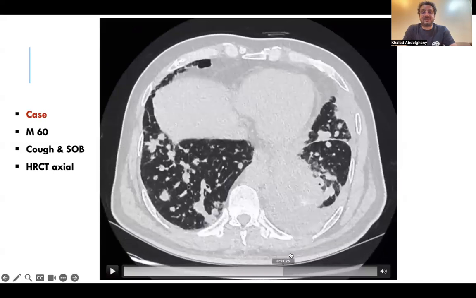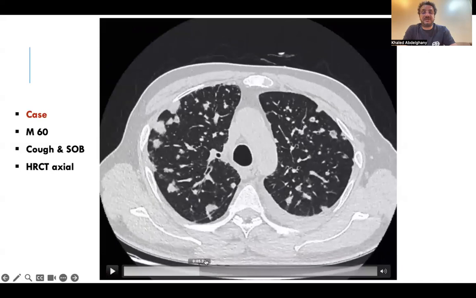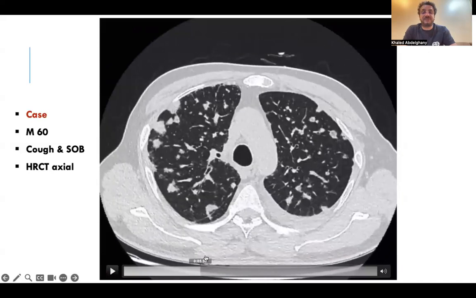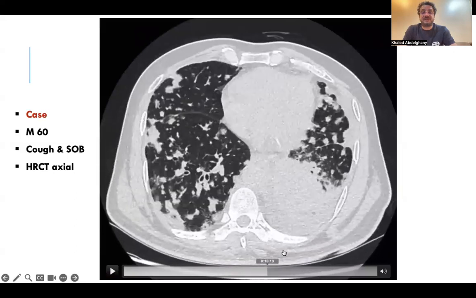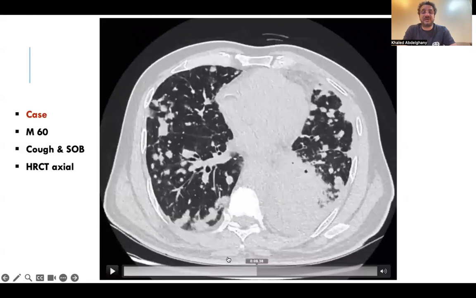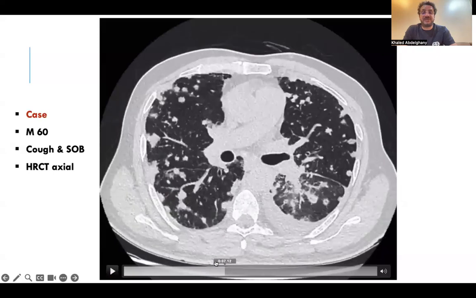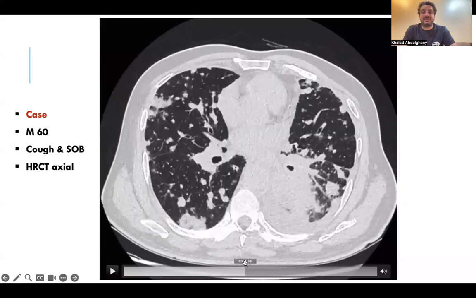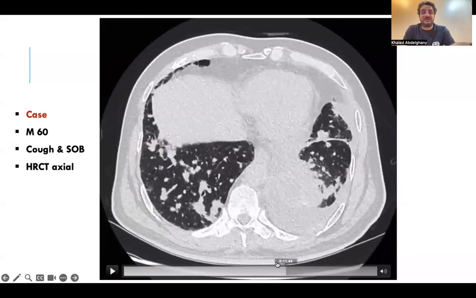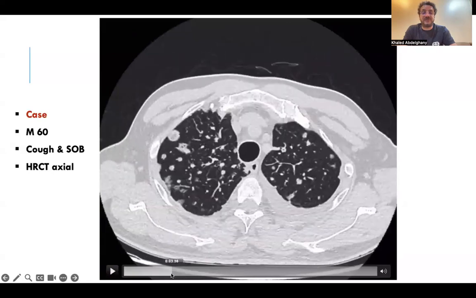In miliary infection due to TB or fungal infection, the miliary pattern is pinpoint nodules, much smaller in size. They are very tiny nodules and more in number. Here we have a great number of nodules, but in miliary infection they are tiny and much more in number compared to these nodules, which are large and variable in size.